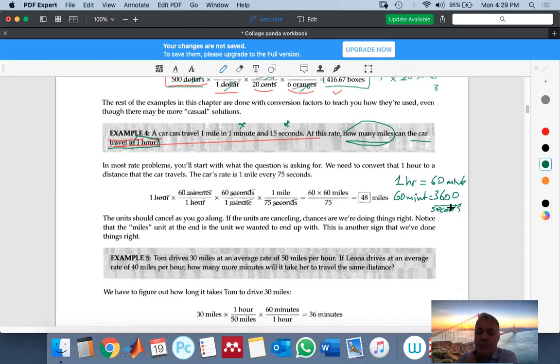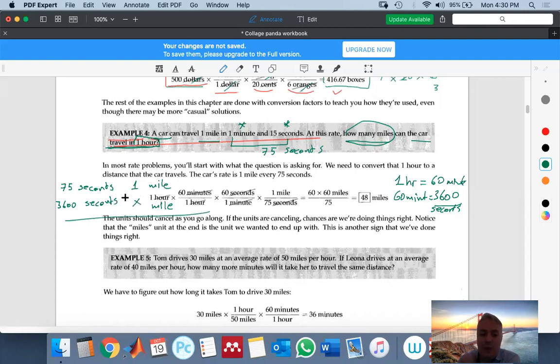So how can I do this? Like this. Normally this car can travel 1 mile in 1 minute and 15 seconds. It means 75 seconds. So look at the ratio now, very simple. 75 seconds, if I go 1 mile, 1 hour, which in terms of seconds is 3,600 seconds, X miles.